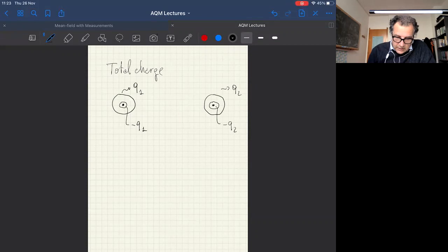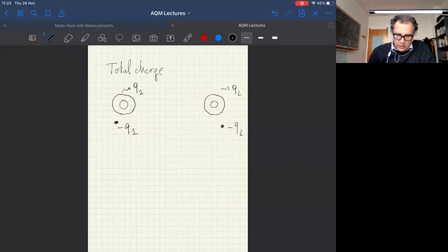Now I just tell you something. I want to do something else. I want to do the same thing. So I have this sphere with a hole, but then I put minus Q1 here and minus Q2 here.